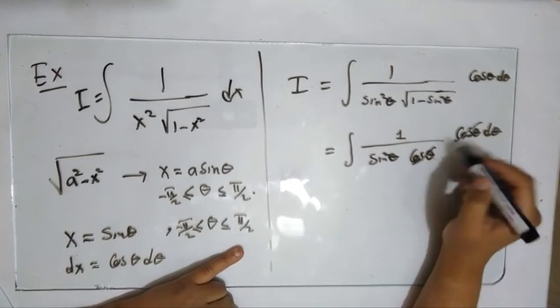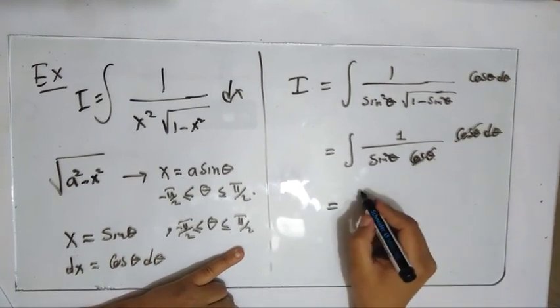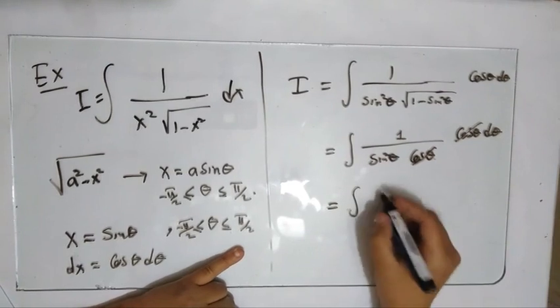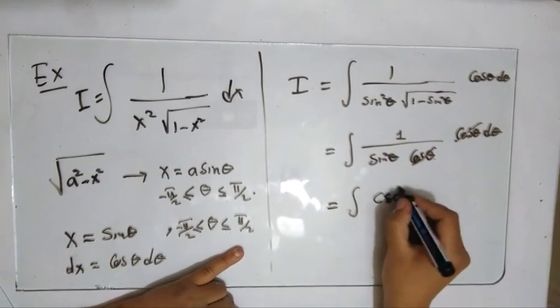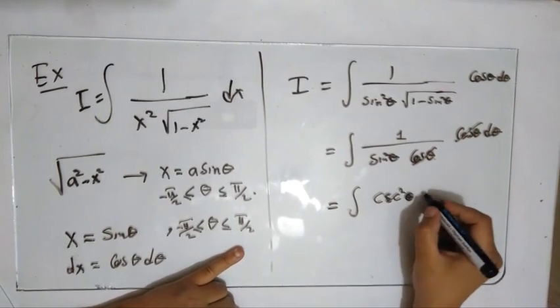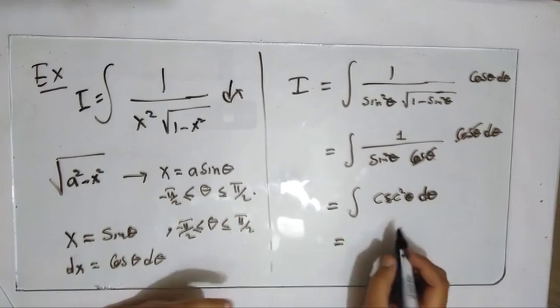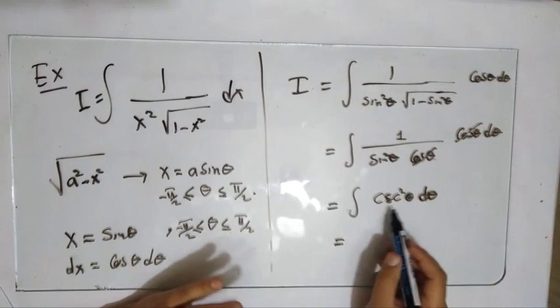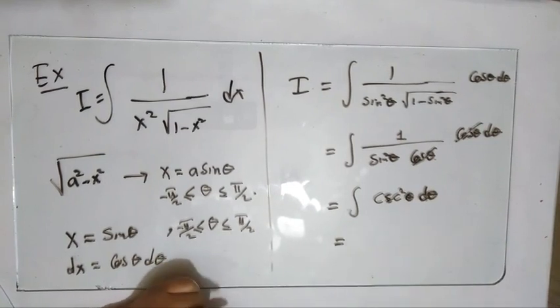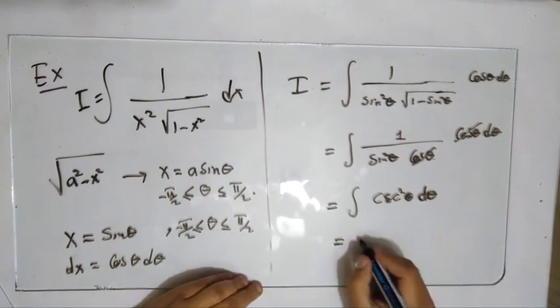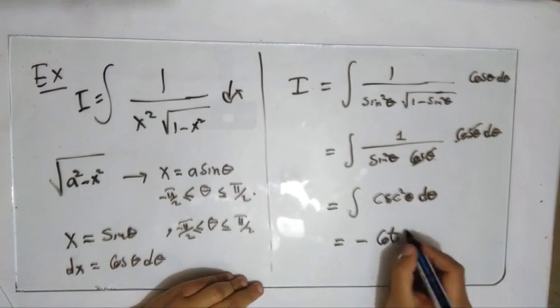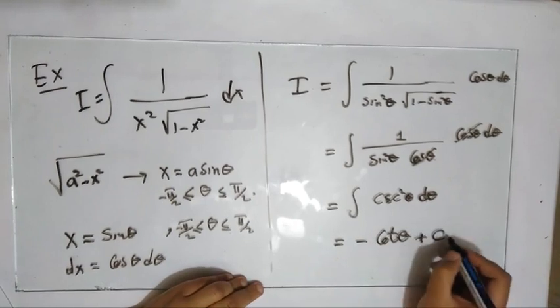You can cancel the cosines together, and then you will have 1 over sine squared, which is cosec squared theta. Then you know how to integrate cosec squared. What is the function that when we differentiate it, we get cosec squared? Yes, exactly, which is negative cotan theta plus constant.